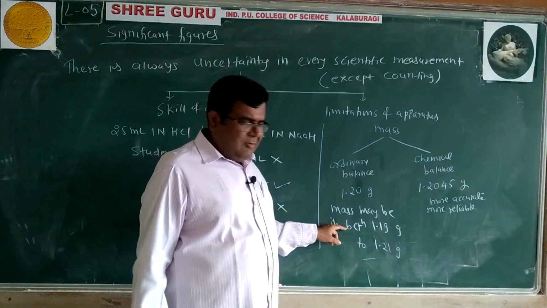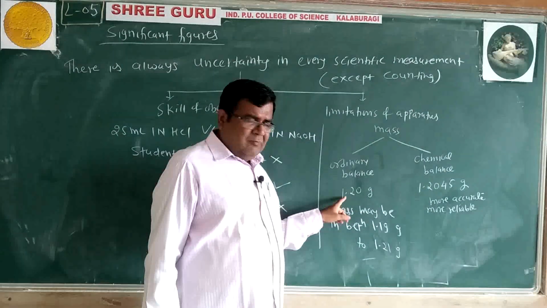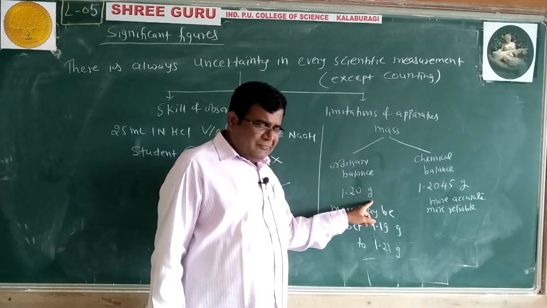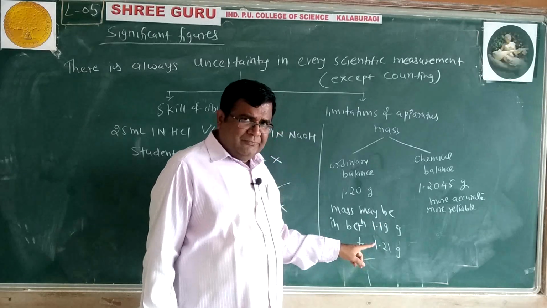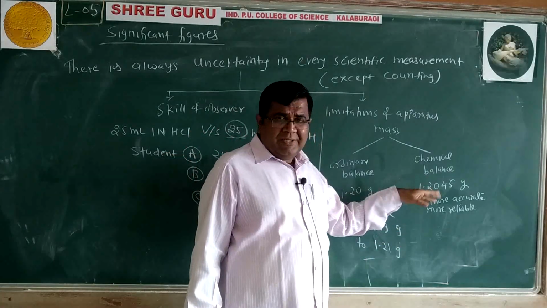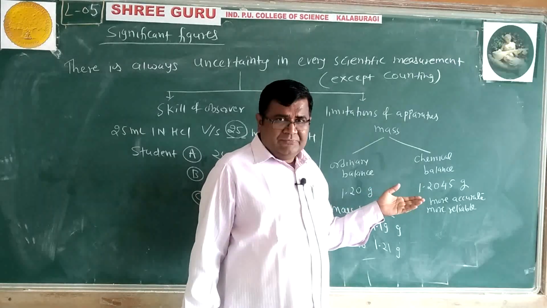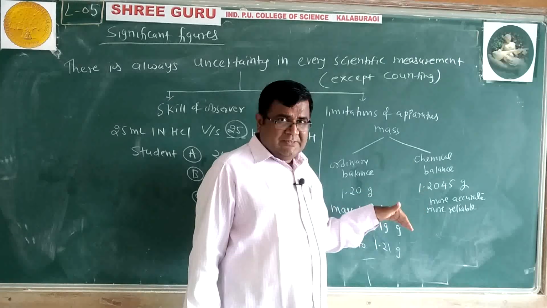There is always uncertainty in it, even though 1.20 gram is reported. It may be in between 1.19 to 1.21. It is not that the chemical balance does not have uncertainty. It also has uncertainty, but a lesser amount of uncertainty.